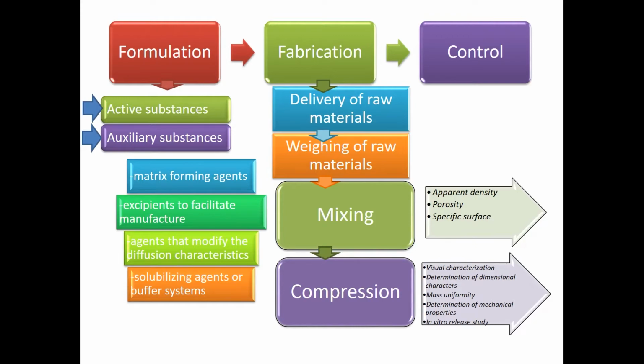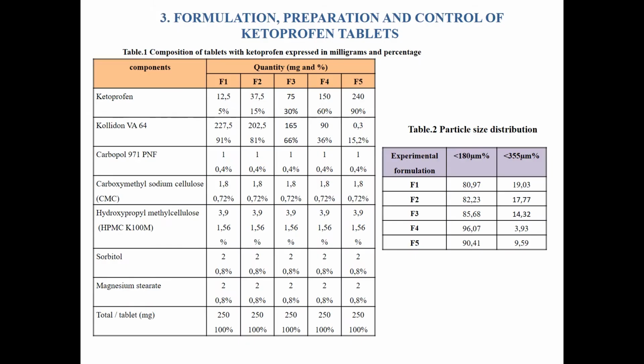The quality control of the compressed tablet supposes the visual characterization, the determination of dimensional characters, the mass uniformity, the determination of mechanical properties, and the in vitro release study. In our study, we made 5 formulations.